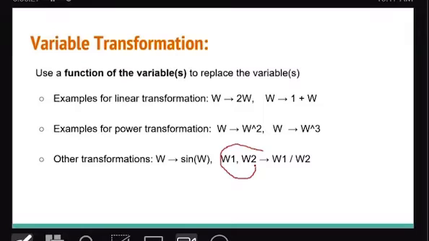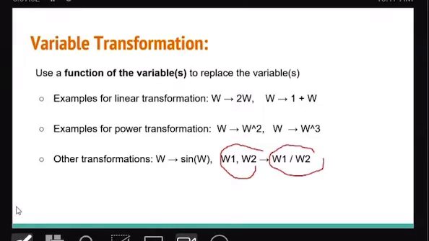Like tomorrow, we're going to start multiple linear regression, where we're going to have more than one explanatory variable. If I have more than one explanatory variable in my model and the model is problematic, maybe the way I put W1 and W2 in the model is not in an appropriate statistical form. Maybe what I need to do is look at their ratio, W1 divided by W2, and so on.